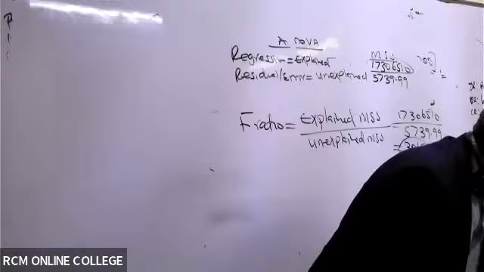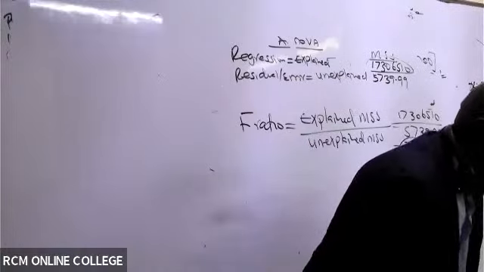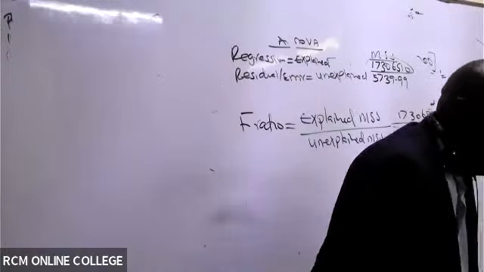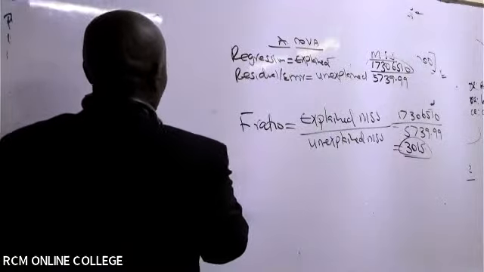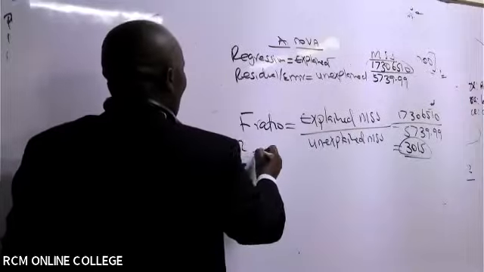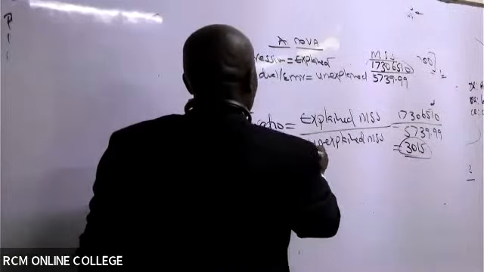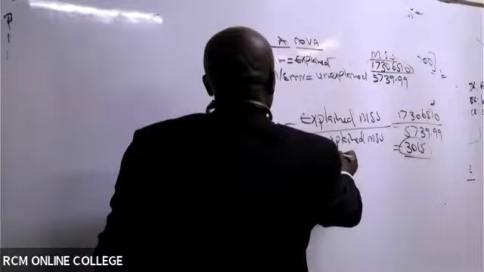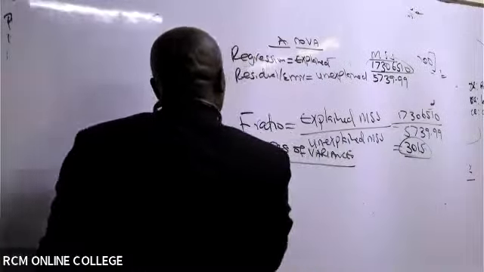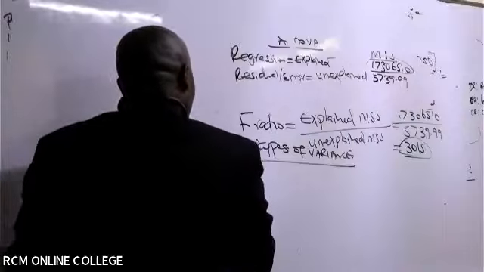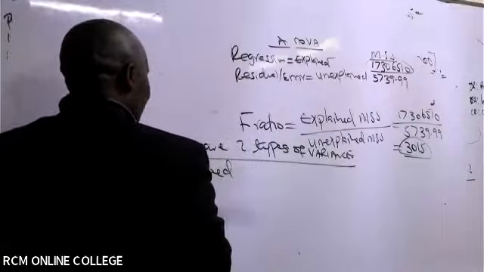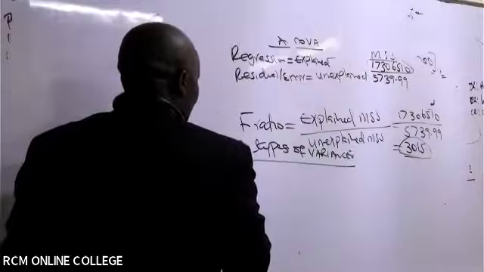Let me write here. There are two types of variances, always. We have explained, that's number one, and then number two, unexplained.